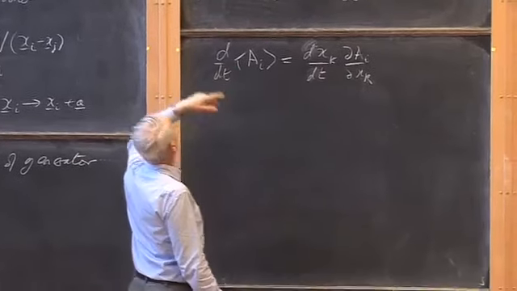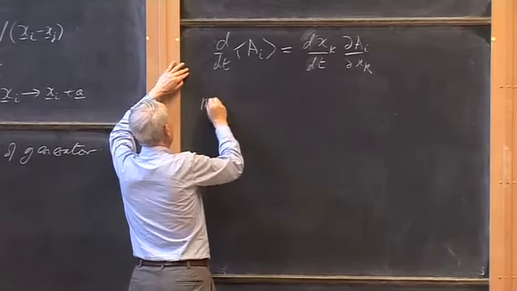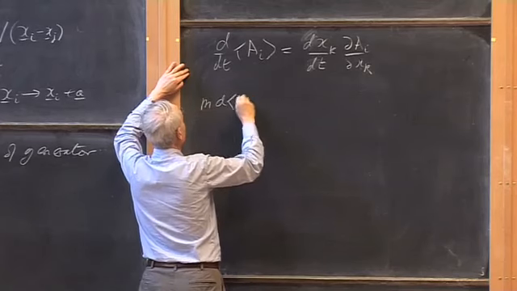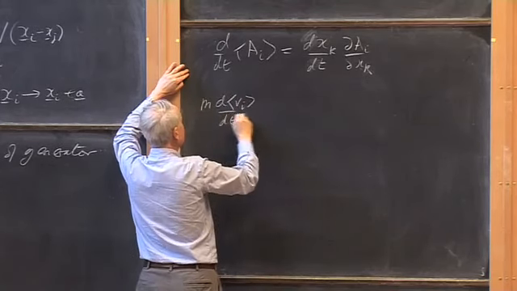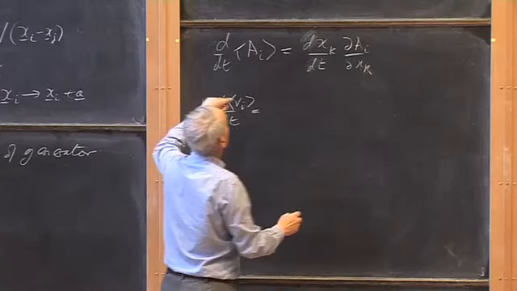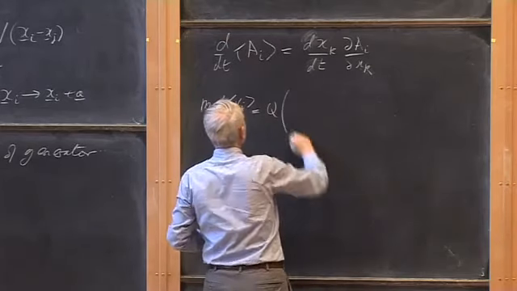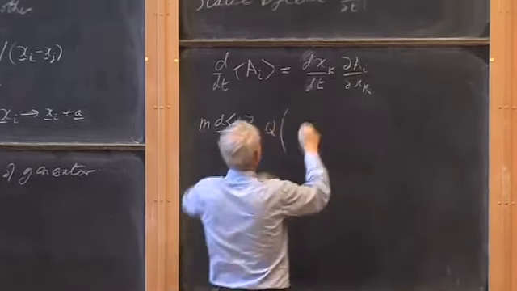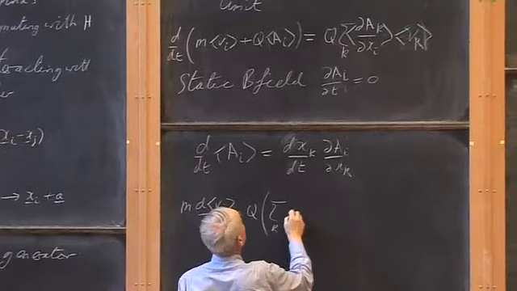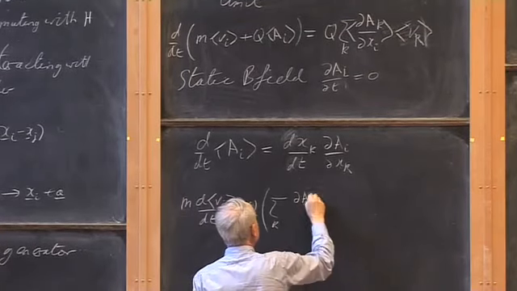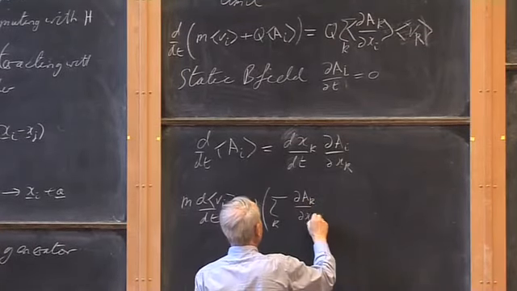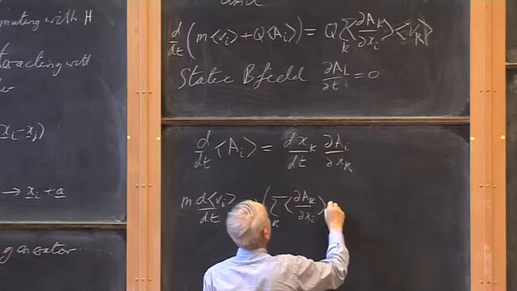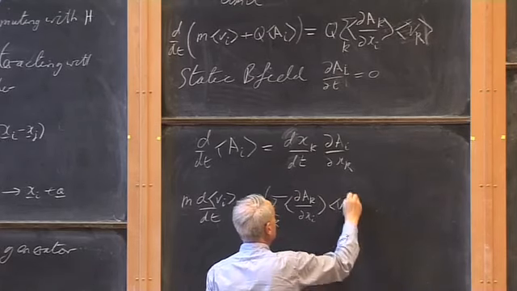So what we now have is that m dv_i by dt, mass times acceleration, is equal to q. There's going to be a factor q on the right. I write down the terms I've already got, sum over k da_k by dx_i v_k.